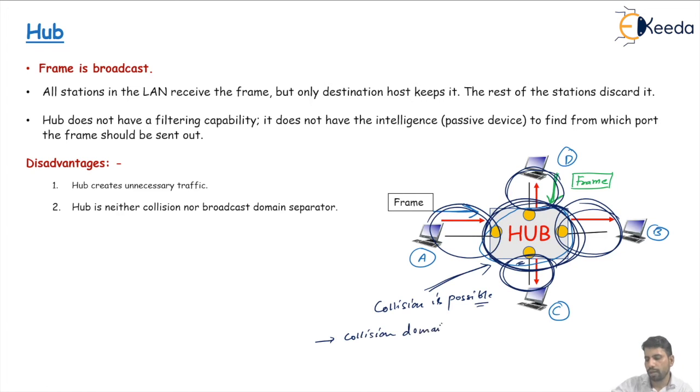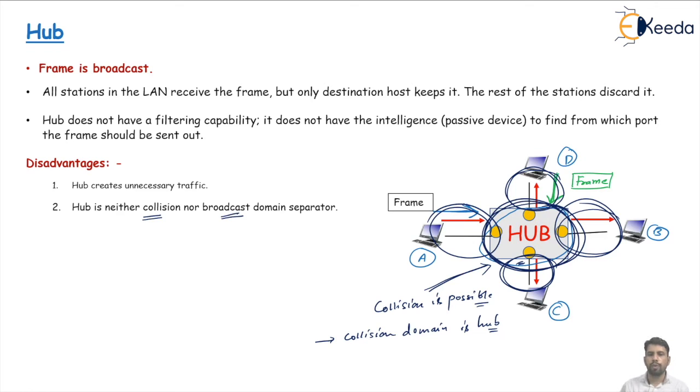Collision domain is the area where collision is possible, and collision is when two packets collide. That is why we say the hub is neither a collision domain separator nor a broadcast domain separator. These are the 2 main disadvantages of the hub.